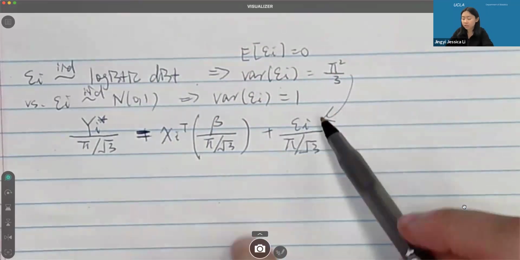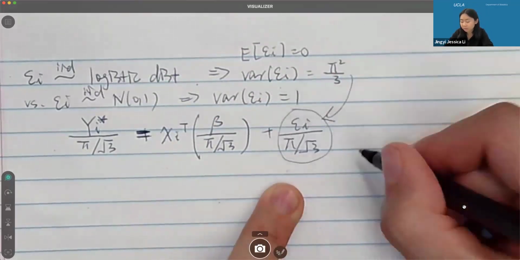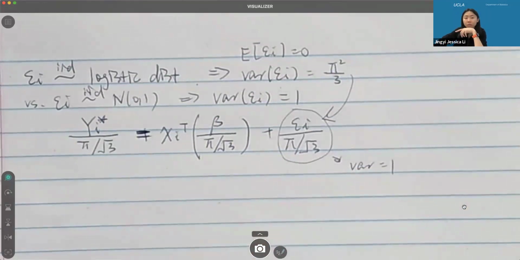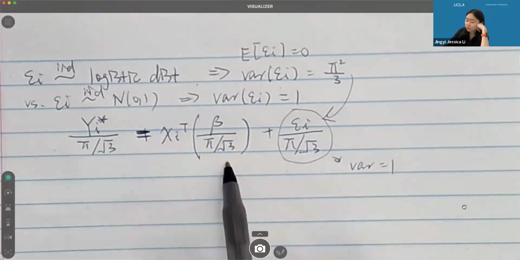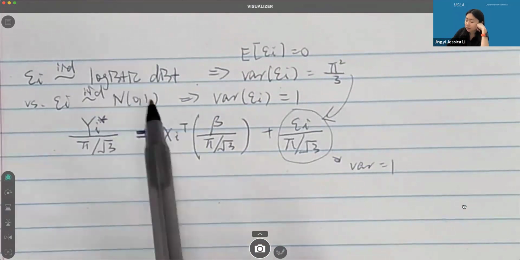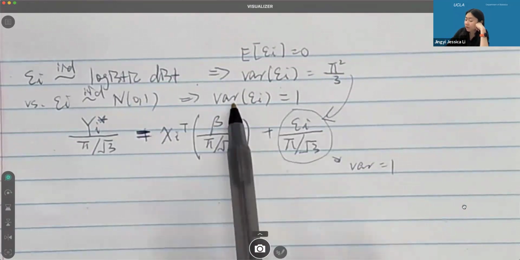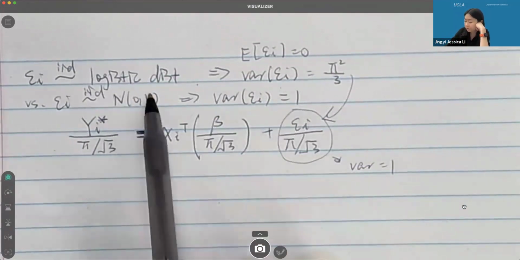The reason we do this is that we want the error term to have variance equal to 1. Then we can compare this model to example 1's model, where the error terms have variance equal to 1 because they follow the standard normal.